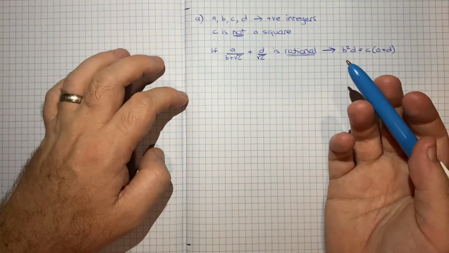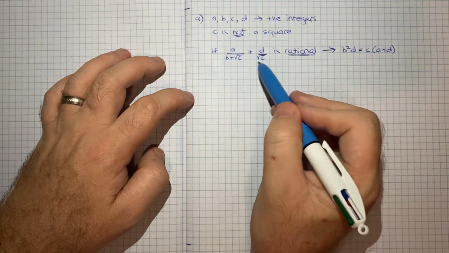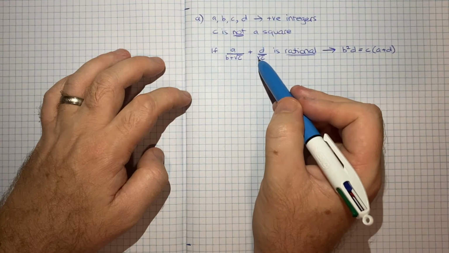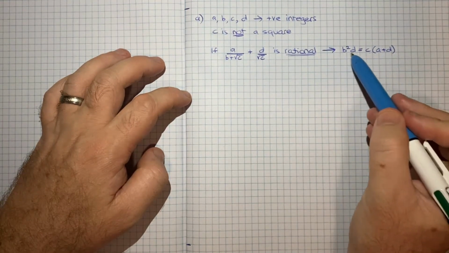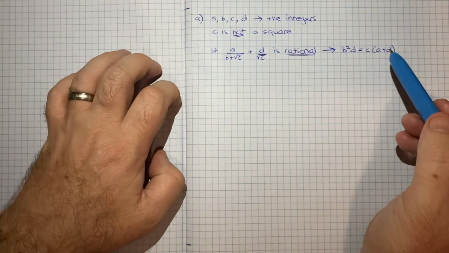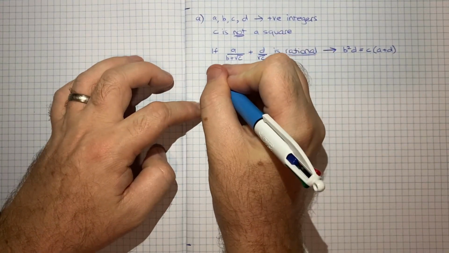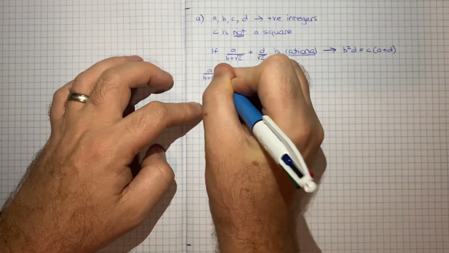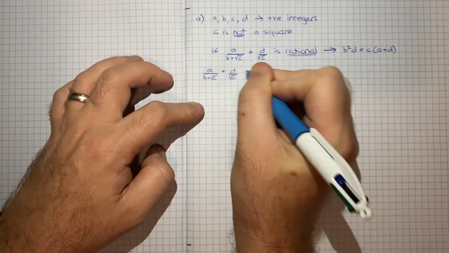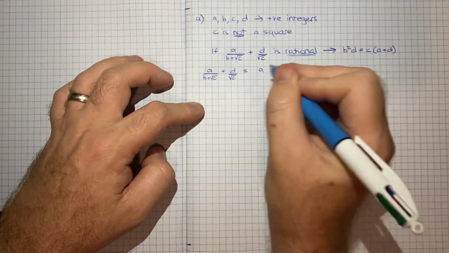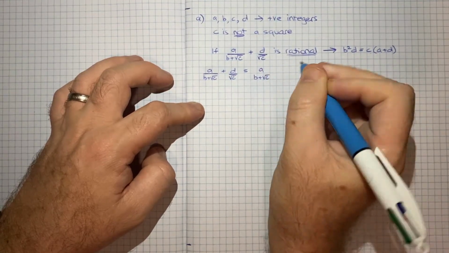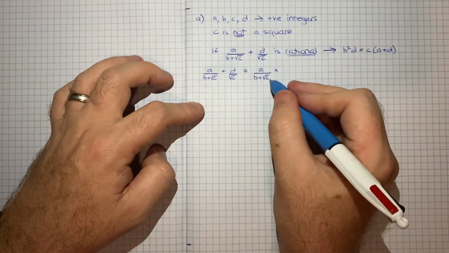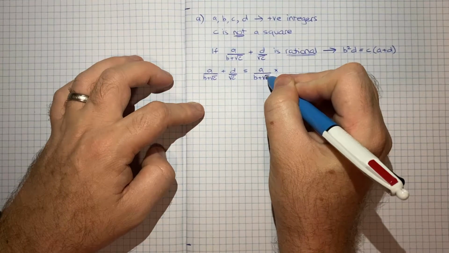So here, I think what we need to do is see if we can manipulate this expression that we're given to get it into a format where something like this will pop out. We can take a on b plus root c plus d on root c, and first take this b plus root c and multiply top and bottom by its conjugate, because I want to get rid of this square root.